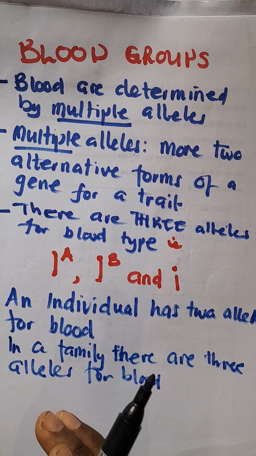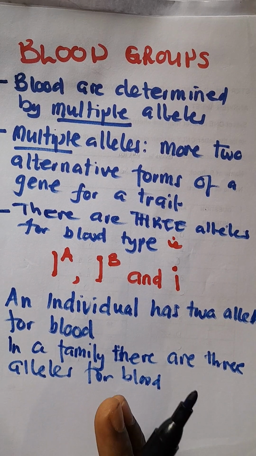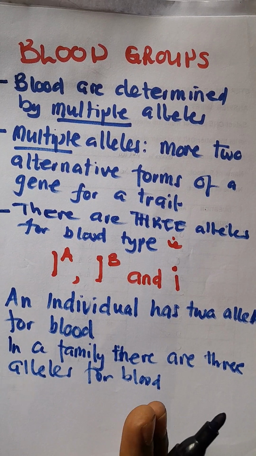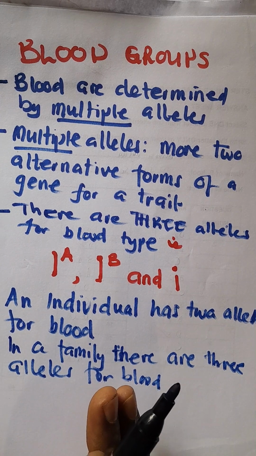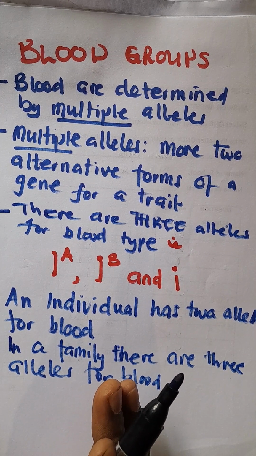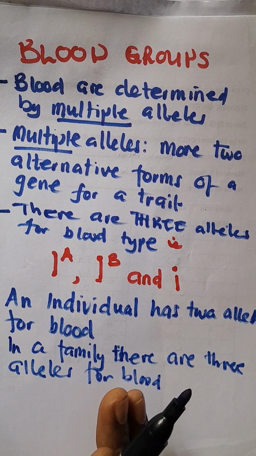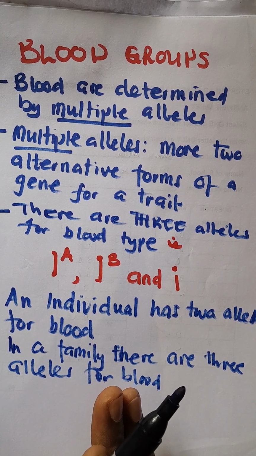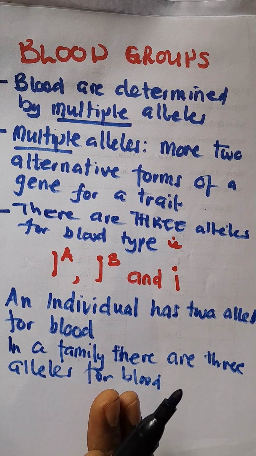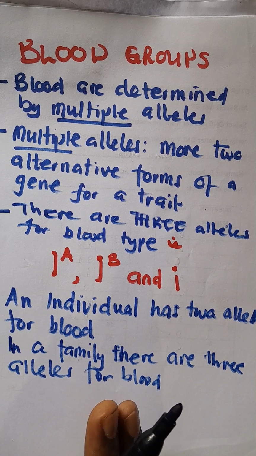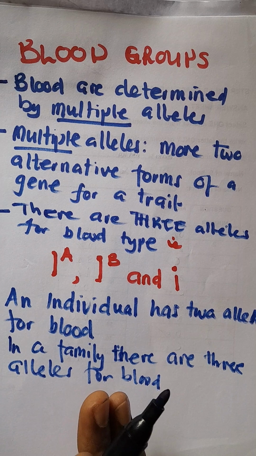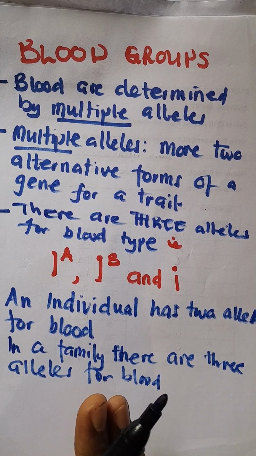Now let's look at this here. Think about your classroom. Your classroom consists of many individuals. Maybe you are 30, or 40, or 45. So in your family, there are three alleles that determine the blood group.